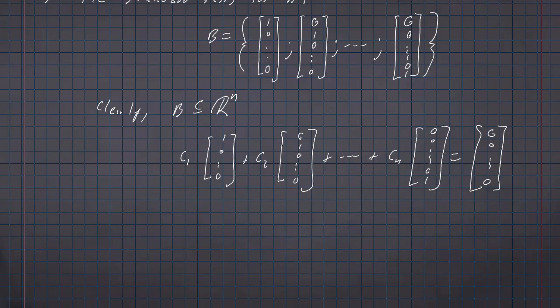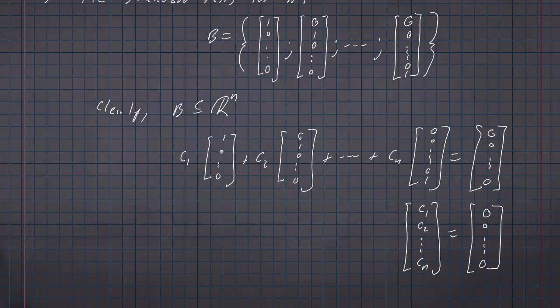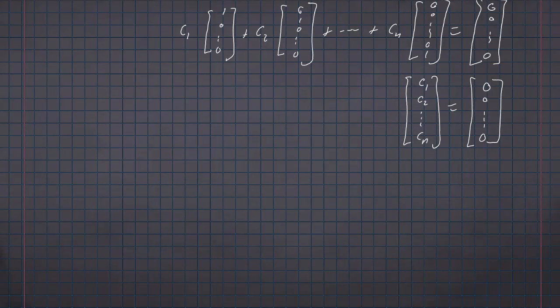We want to take a linear combination, C1 times the vector 1, zeros, C2 times 0, 1, zeros, and all the way down to Cn times lots of zeros, 1, and set that equal to the 0 vector. Using properties of Euclidean vectors, we know that this is going to simplify and become the vector C1, C2 down to Cn.